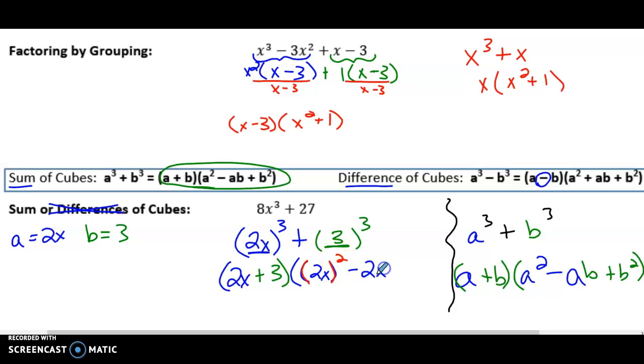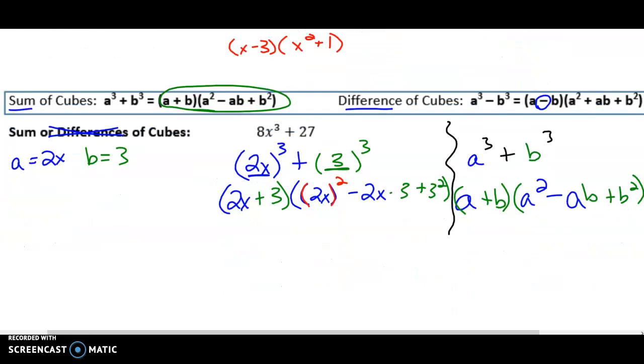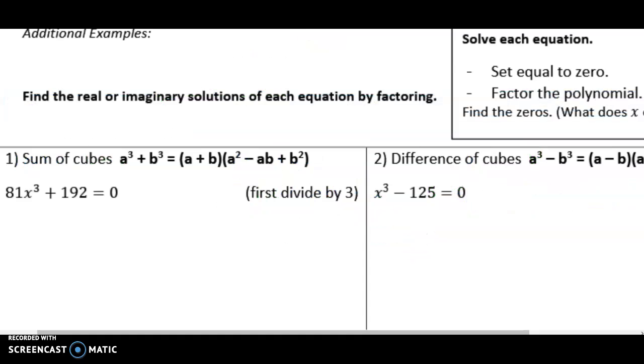Here's where the minus comes into play: a times b, and then plus b squared. So if we finish factoring this, we're just going to rewrite it: 2x plus 3 times 4x squared minus 6x plus 9. And now you have it factored.